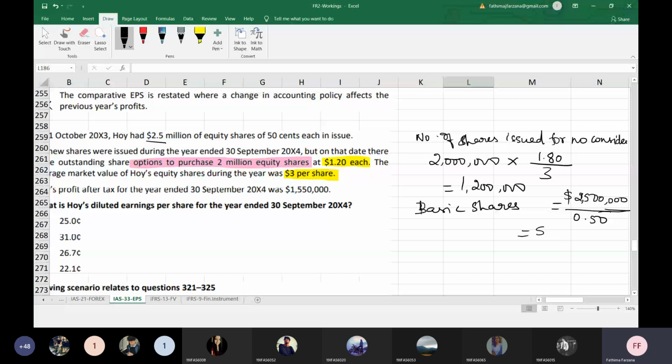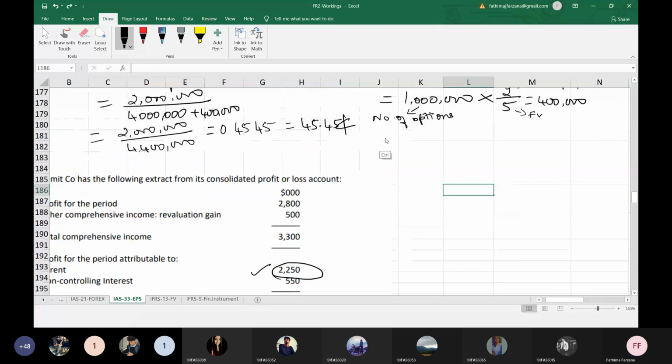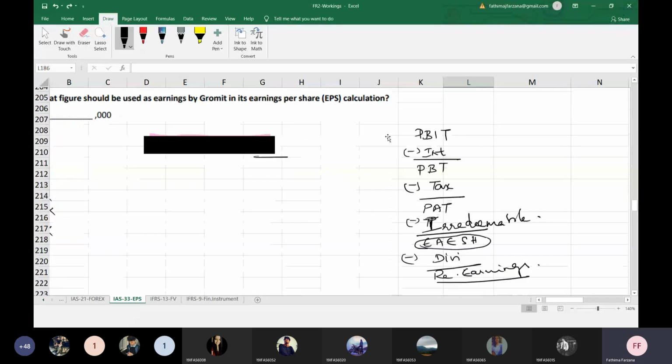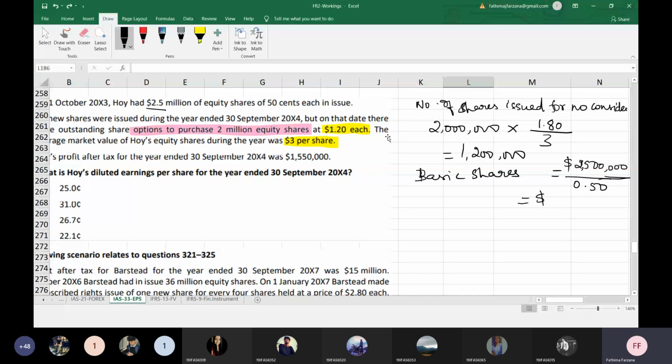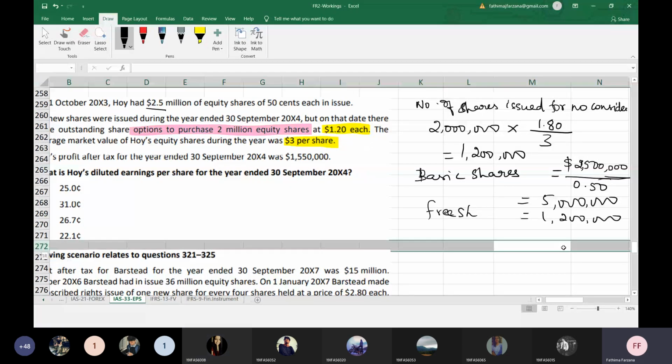That's it. So I'll be having 5 million shares. How much is the free shares, or the shares for no consideration? 1,200,000.